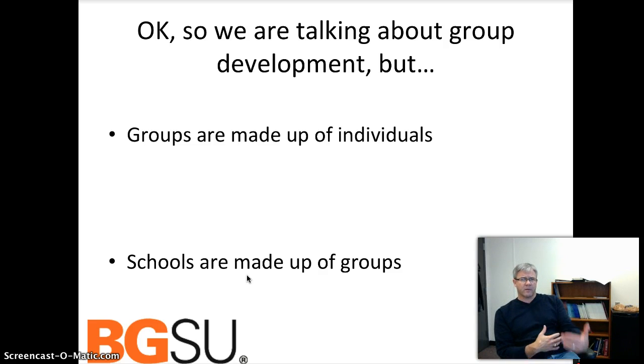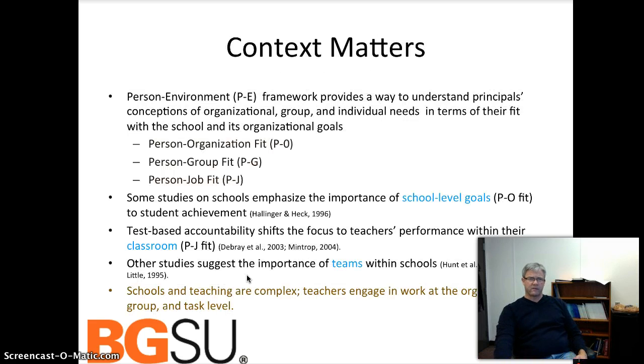So we're talking about group development, but groups are made up of individuals and schools are made up of groups, so we're really talking about this notion of school development, right? It starts with individuals and developing them, and we worked on that, and then hopefully we're eventually getting out to where we're building and developing schools. And within this, there's this Pearson environment framework in which context starts to fit.